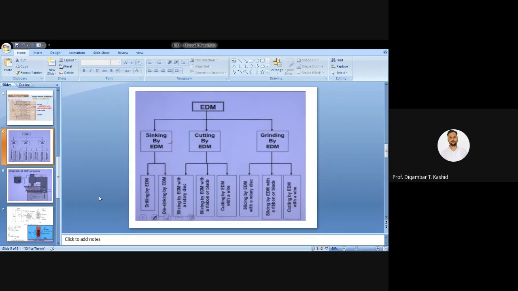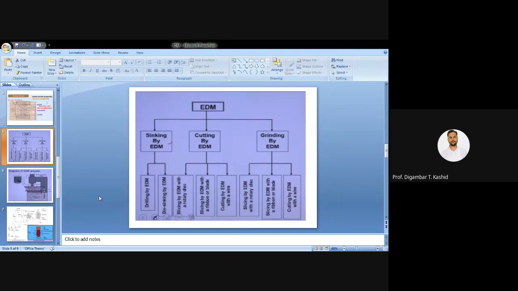We want to remove maximum material from your workpiece. That means we want maximum material removed from the workpiece itself. So we have to reduce the tool wear rate. For reducing the tool wear rate, you have to choose the perfect tool material, and you have to choose the optimum process parameters so that this tool wear rate can be minimized.